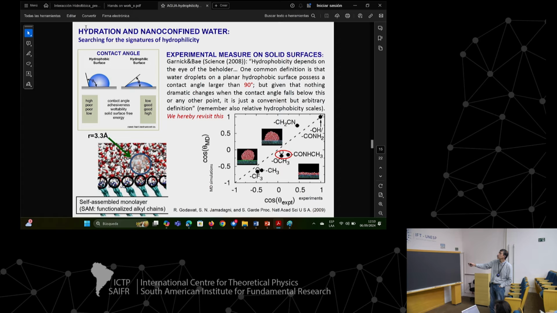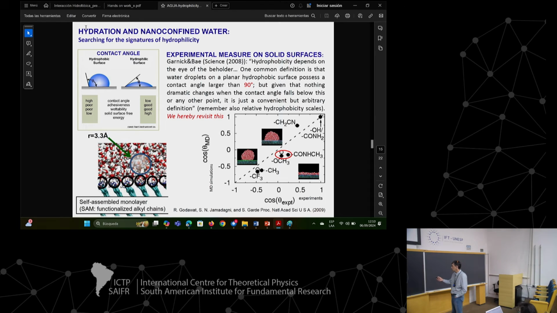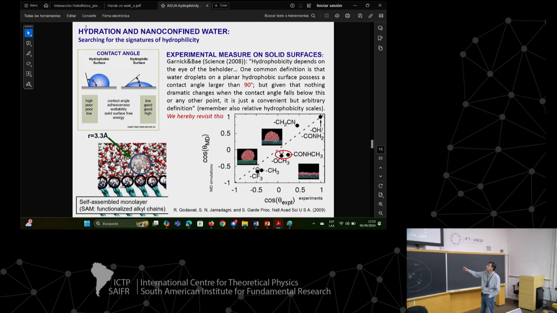And you see these two are going to be taken, in the molecular dynamics simulation, as a bit hydrophobic, while they are hydrophilic in experiments. And it tells you nothing on whether anything changes here. Nothing changes here, it's just that you have different values.